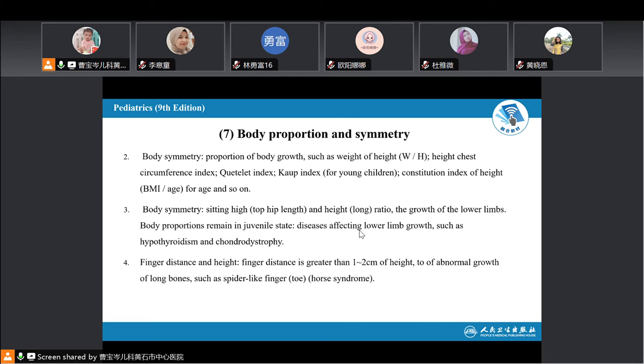Body symmetry includes sitting height and height ratio. If the growth of the lower limbs is slow, body proportions remain in juvenile state. Diseases affecting lower limb growth include hypothyroidism and achondroplasia.